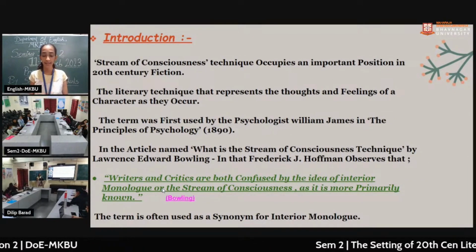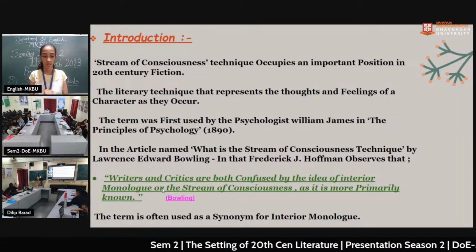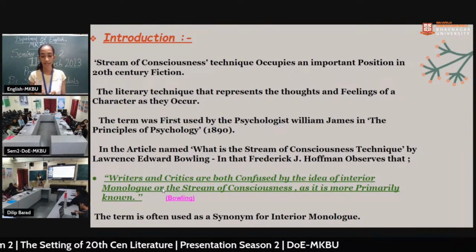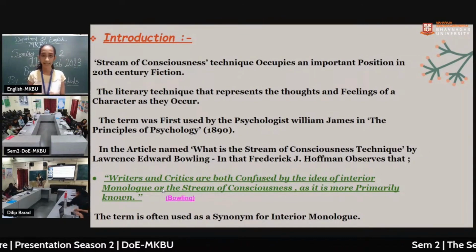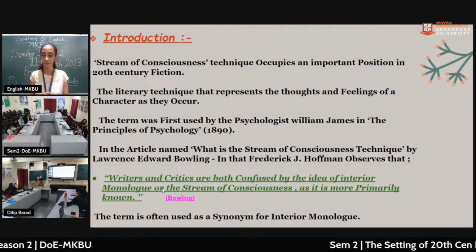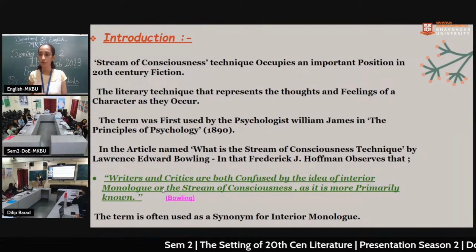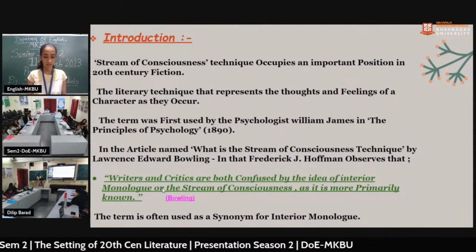In the article named What is the Stream of Consciousness Technique by Lawrence Edward Bowling, Frederick J. Hoffman observed and commented that writers and critics are both confused by the idea of interior monologue or the stream of consciousness, as it is more primarily known.